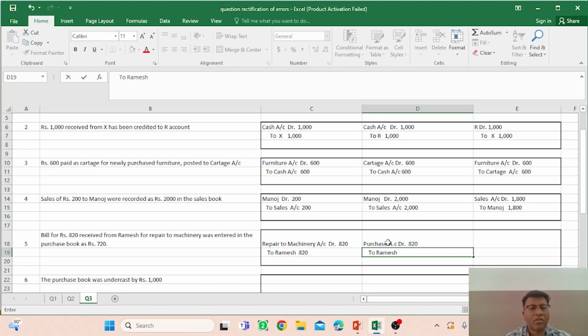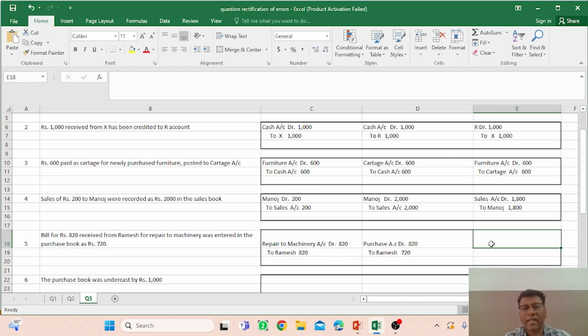The amount was wrongly entered in the books, 720. So now you have to compare that exactly there should be the correct entry: repair to machinery account debit by 820 to Ramesh 820. Okay. But you made this entry in the books of purchase, right?